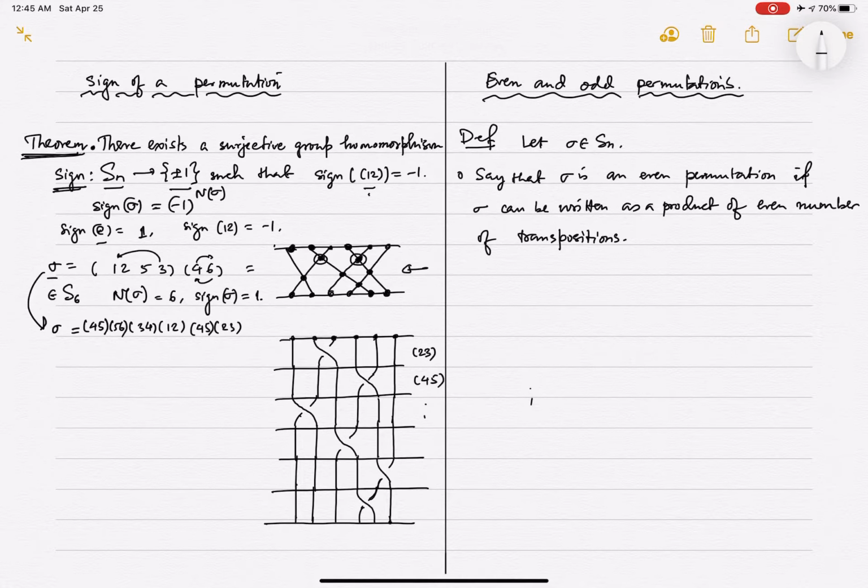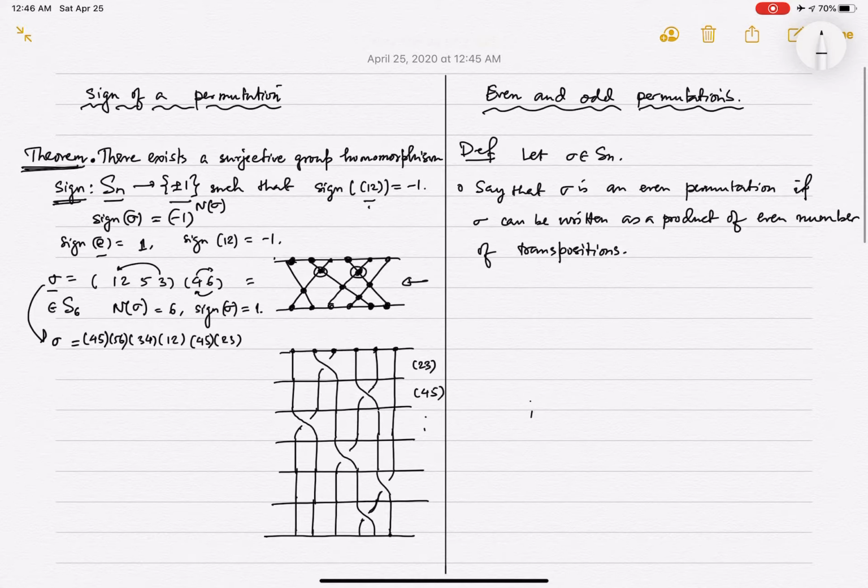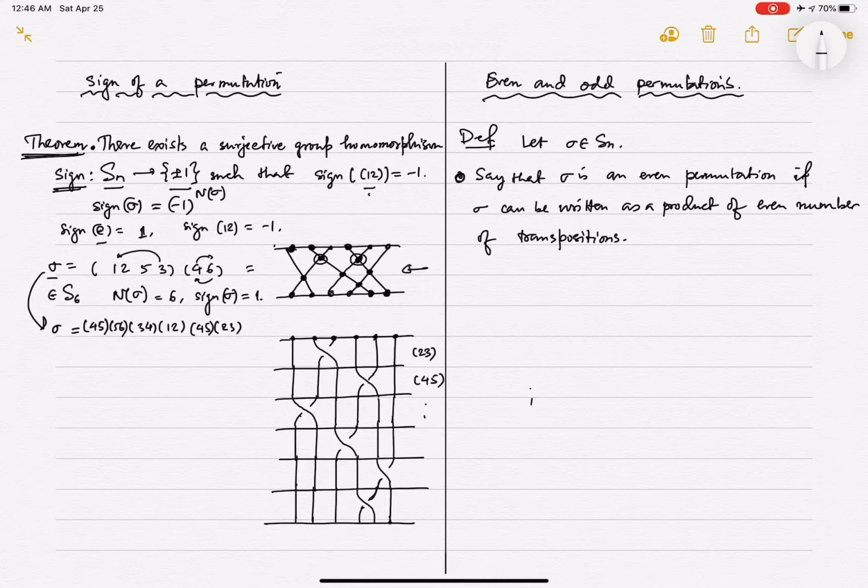So this actually tells you that if n(sigma) is 6, then you can write it as a product of 6 transpositions. And if you can write something as a product of 6 transpositions, then its sign is minus 1 to the power of that number. That leads us to this definition on the right.